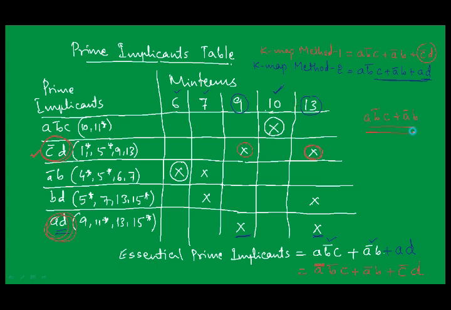If I write only these two terms, then I can cover only 6, 7 and 10, which is incomplete, right? So you need to cover all the minterms. 9 and 13 have to be covered along with 6, 7 and 10, right? For that I need to write one more minterm, one more prime implicant. Let us say in this example, this completes.